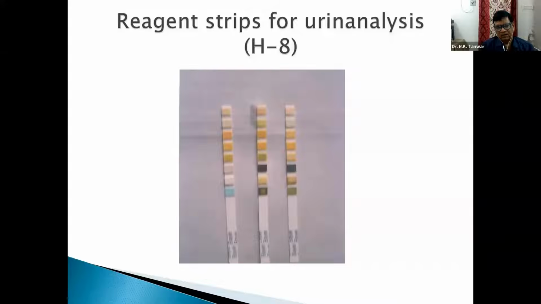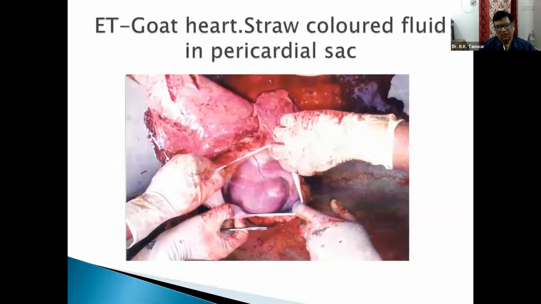This will help in diseases of the urinary system as well as ketosis, as well as this glycosuria.